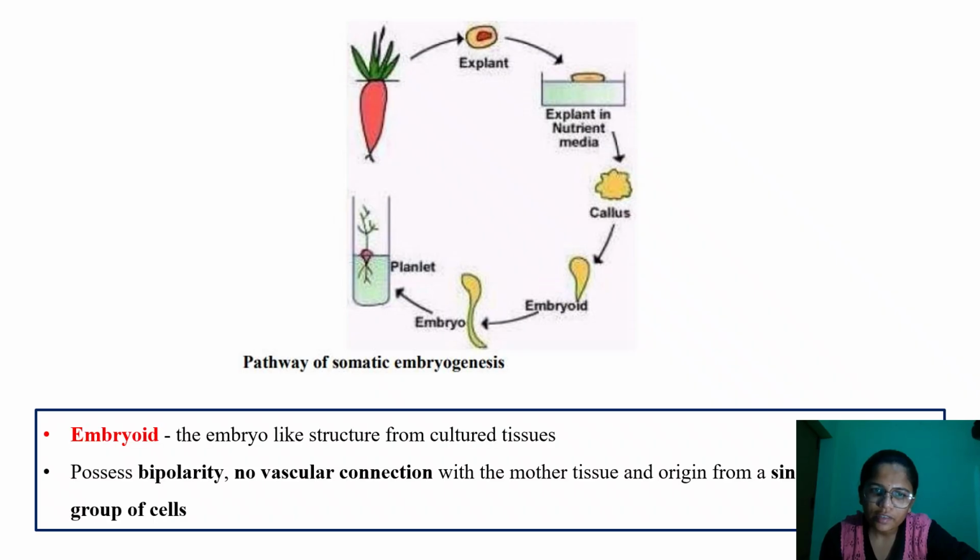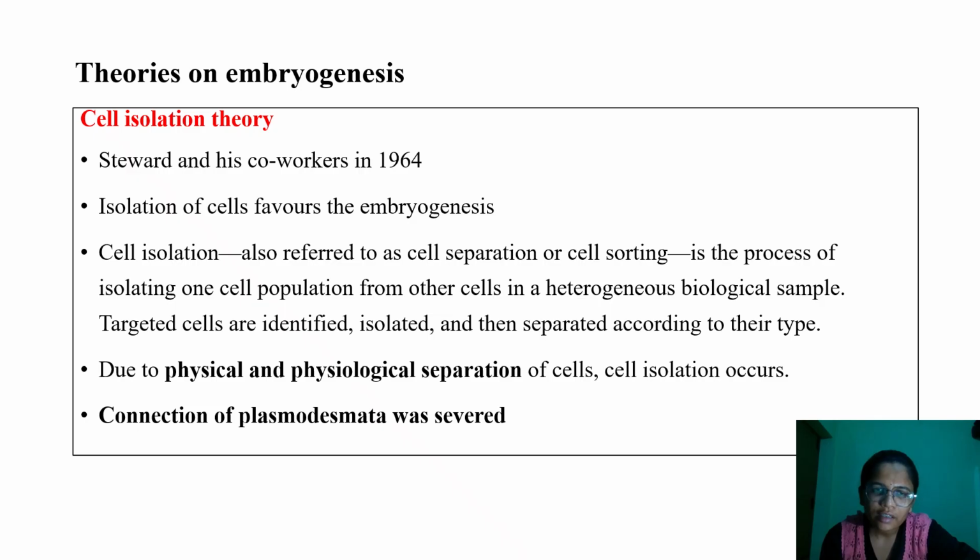Here you can see the embryo-like structure. An embryoid will form, and it will be bipolar, with no vascular connection, and we can see a group of cells. This embryogenesis was clearly explained using the cell isolation theory by Steward and his co-workers in 1964.